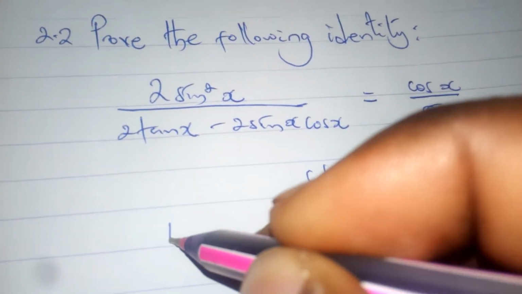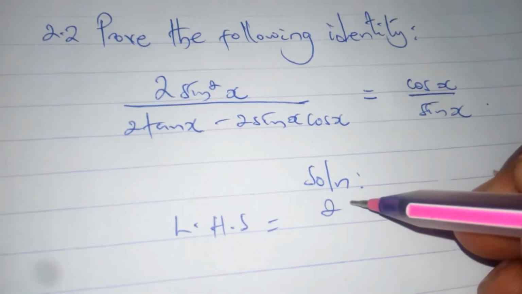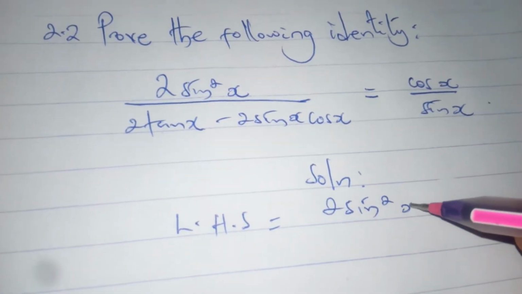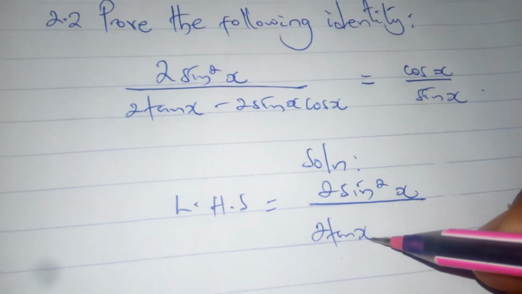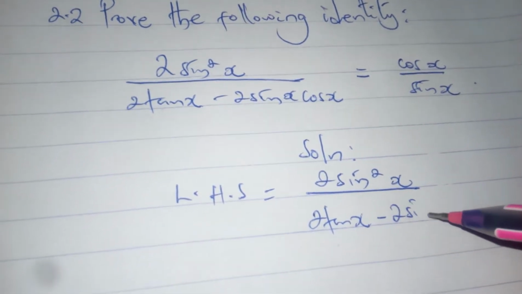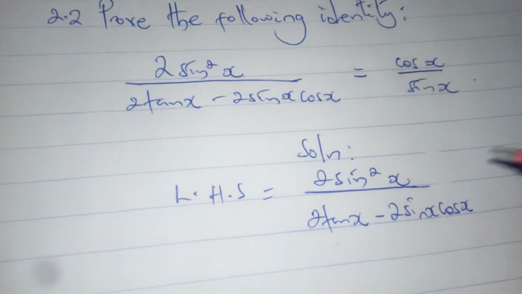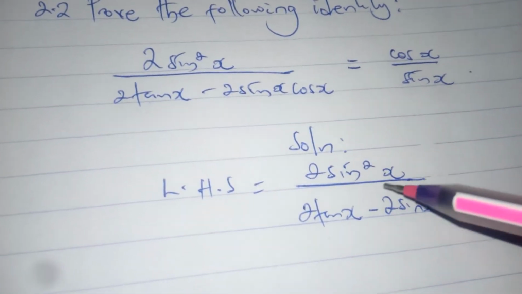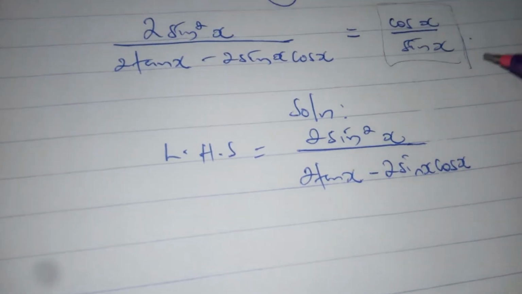Our left hand side says 2 sine squared x out of 2 tan x minus 2 sine x cos x.